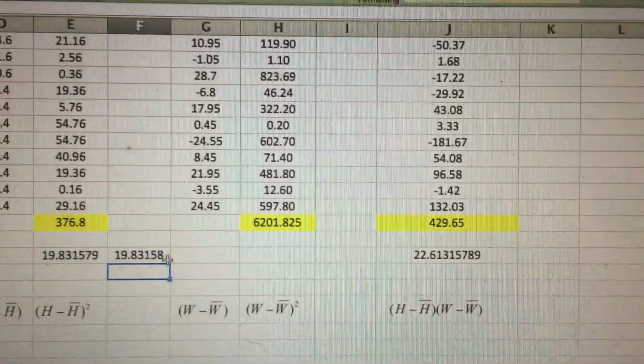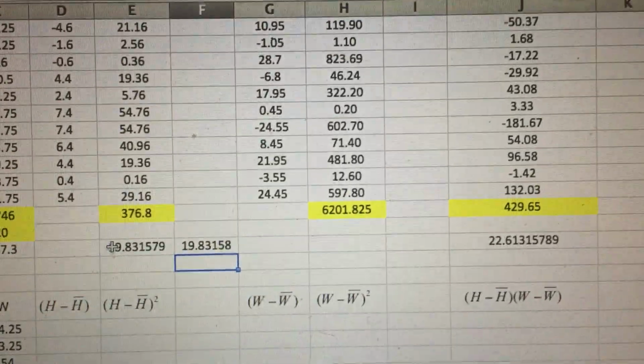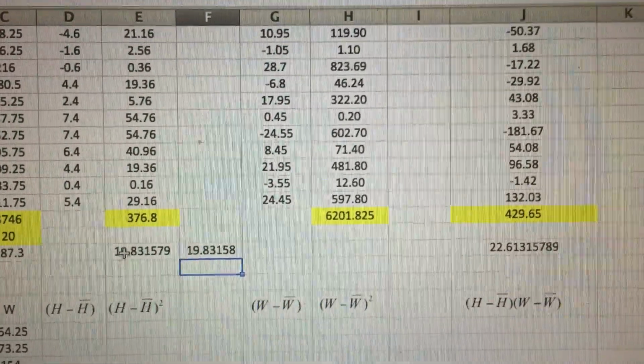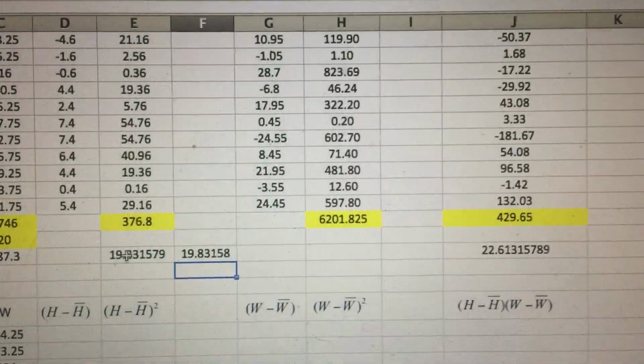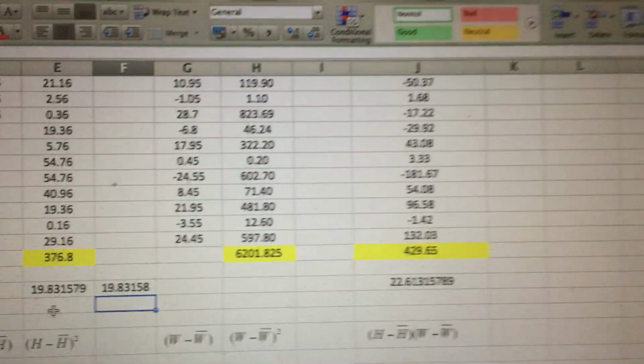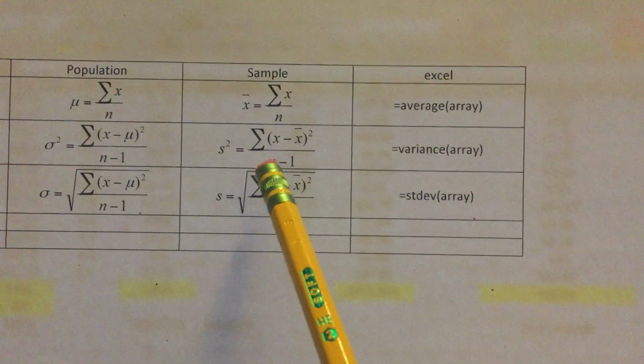19.8315. And to get the standard deviation, we would have to get the square root of this number. Okay, so here it is. We've got this formula. The sigma, right?